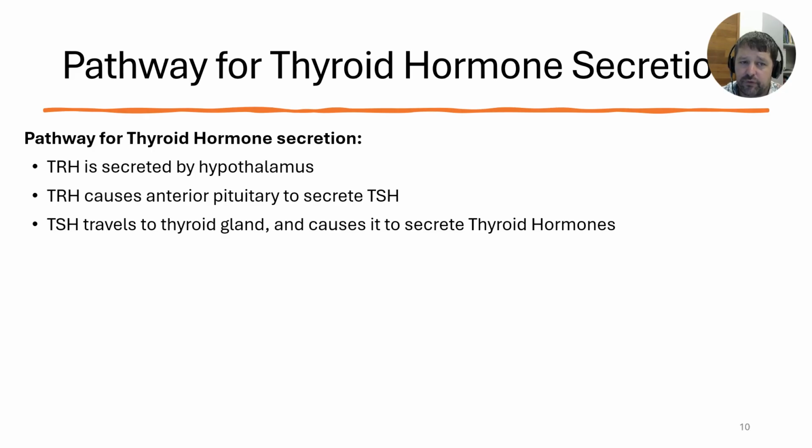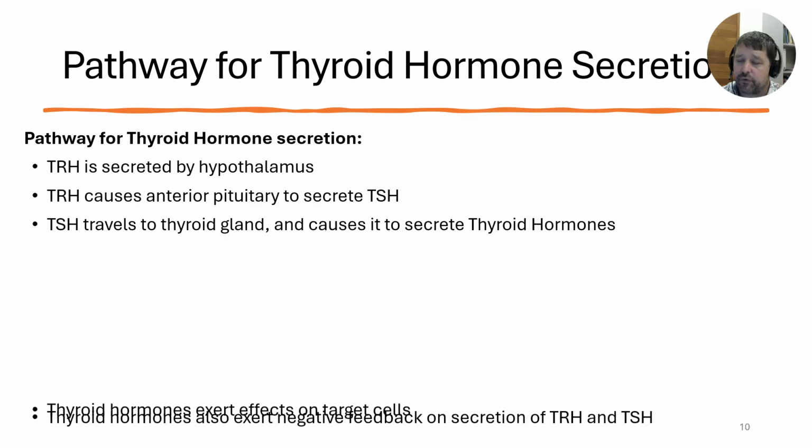The thyroid releasing hormone then travels to the pituitary gland. Because it's a hormone, it's traveling to the anterior part of it, and that secretes the thyroid stimulating hormone. That travels to the thyroid gland, and it causes the thyroid to secrete thyroid hormones.